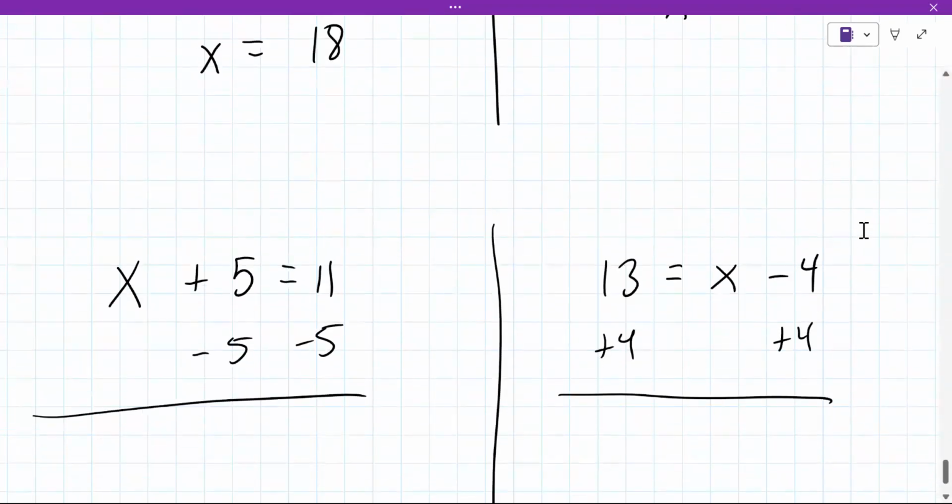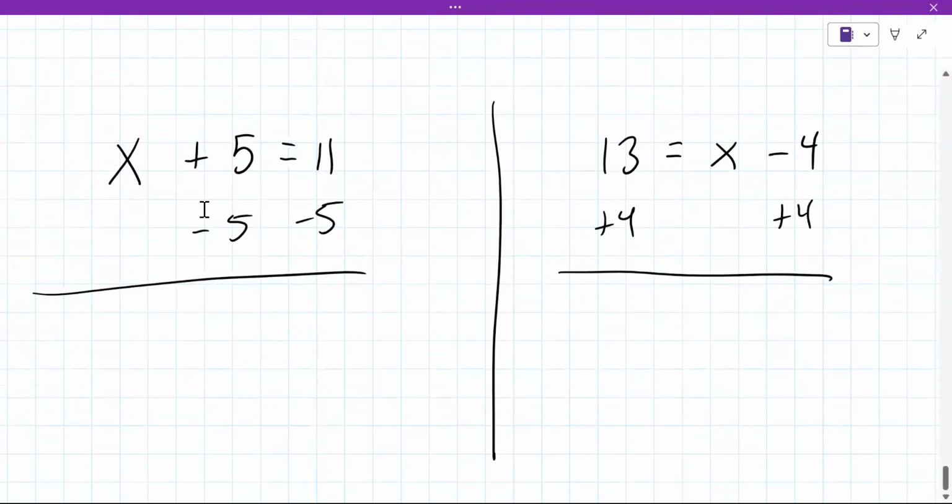All right, so the idea is, again, if you have addition, you undo it with subtraction. If you have subtraction, you undo it with addition.